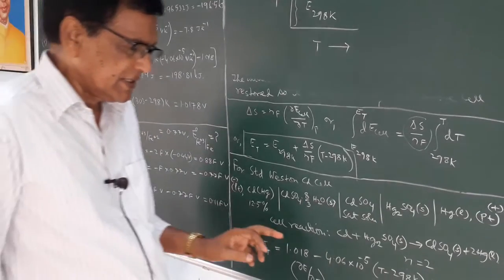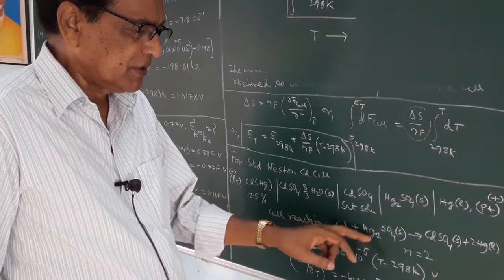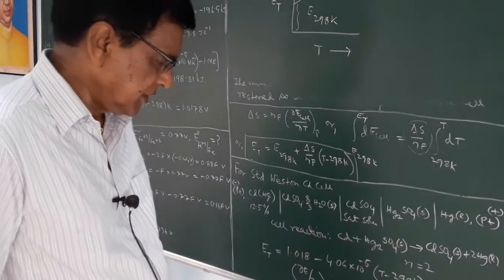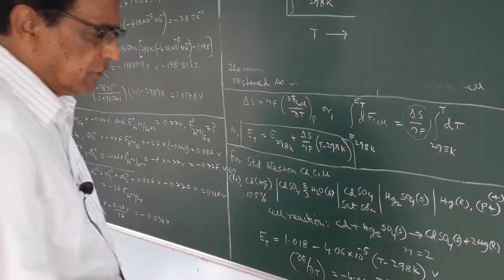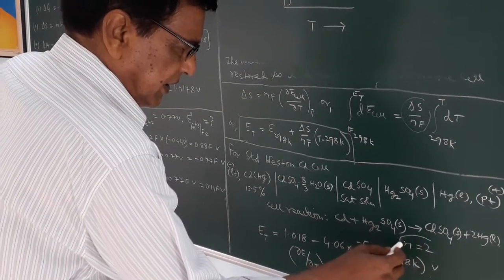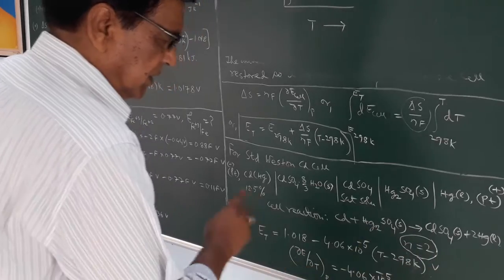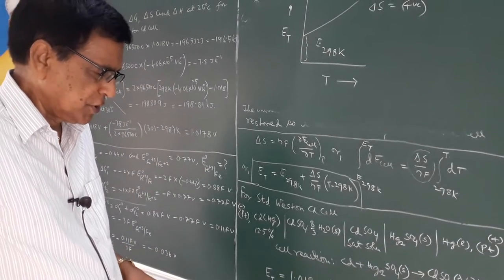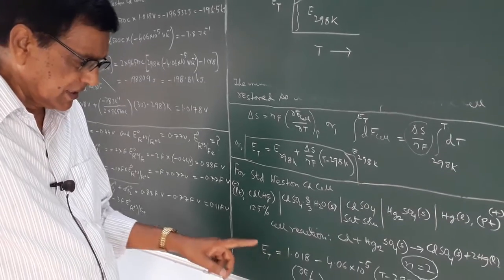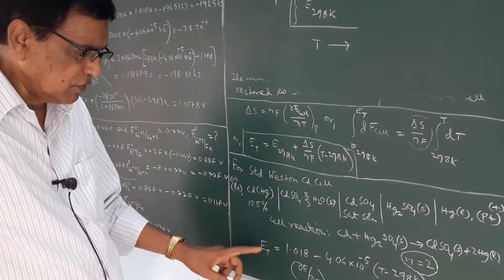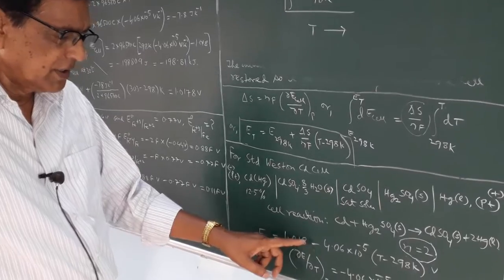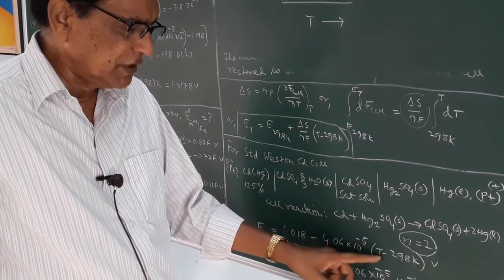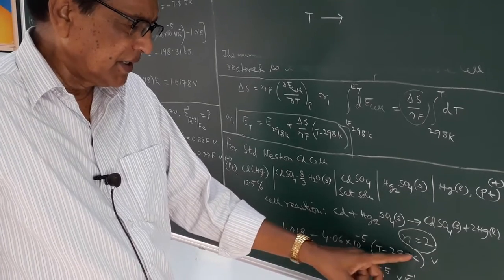The cell reaction is cadmium plus mercurous sulfate giving cadmium sulfate plus 2 mercury liquid, and for this reaction n is equal to 2, meaning 2 gram equivalents participate. So E T, the EMF of this cell, is found to be 1.018 minus 4.06 into 10 to the power minus 5 into T minus 298 Kelvin.